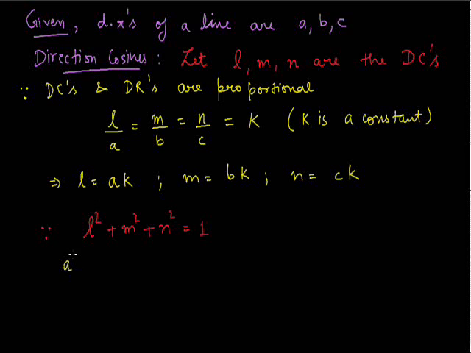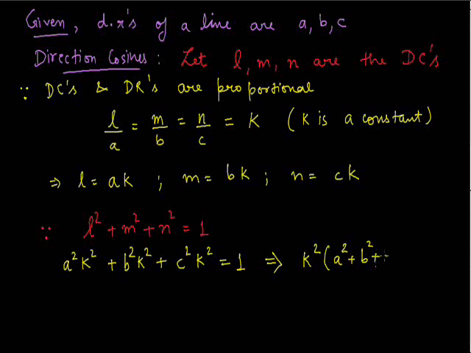We will get A square K square, plus B square K square, plus C square K square, equal to 1. If we take K square common from the LHS, we get K square times A square plus B square plus C square equal to 1.